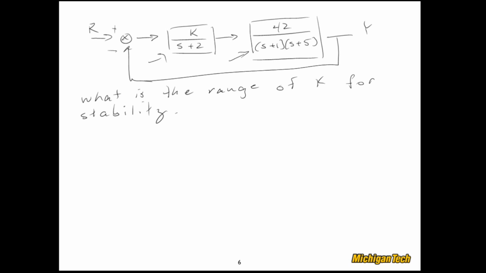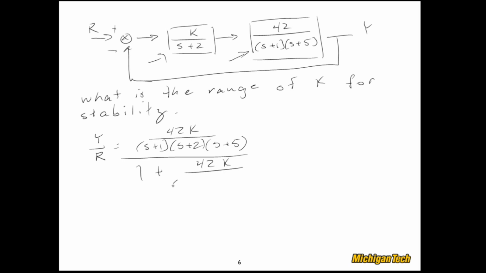Let's use Routh-Hurwitz. So the first thing we have to do is get the closed loop transfer function, and that would be 42K over this. This is my loop transfer function. And then I'd have 1 plus my loop transfer function again.